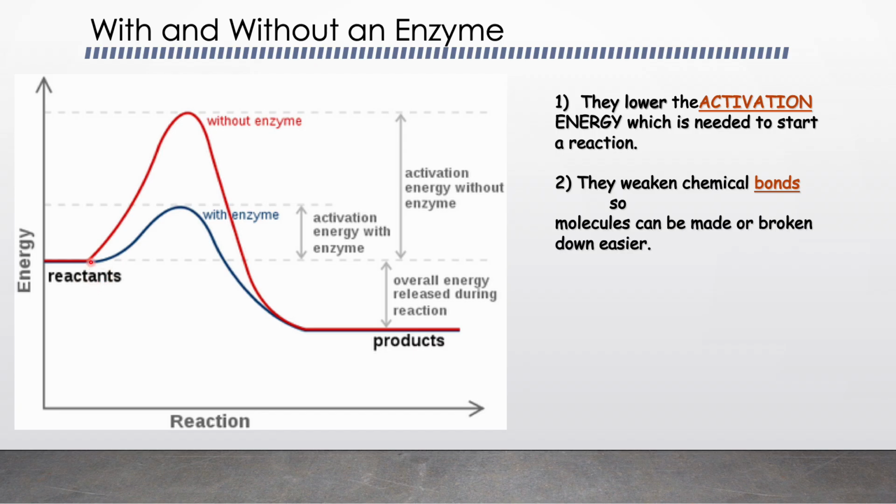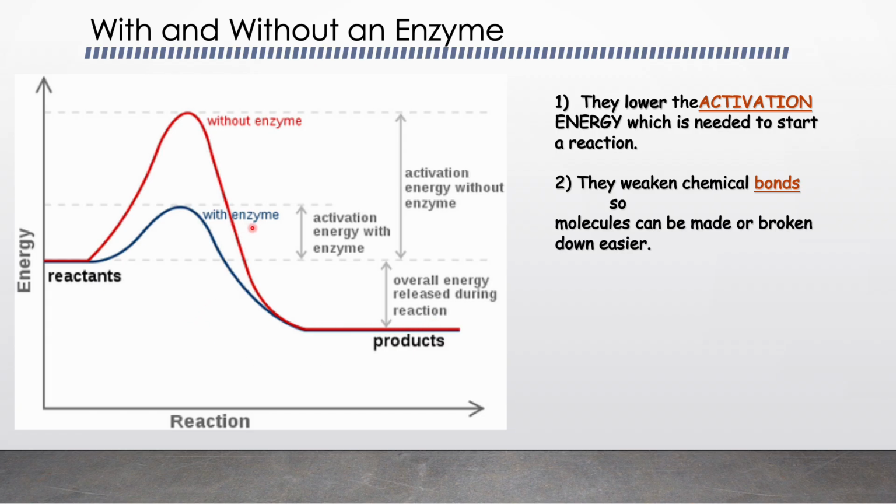The reactants have to take in energy, take in energy, and then at the top of this hill, they now have enough energy where the reaction can begin. And then as it is returning to the product, now my reaction is taking place, things are happening, and then you get your final product.